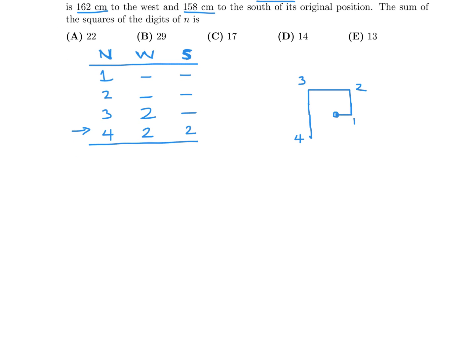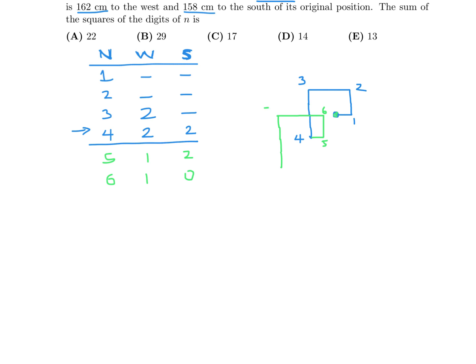Okay, so now let's keep this going. I have to make sure I draw this to scale here. 1 going east, then 2 going up, then 3 going west, and then finally 4 going down. Now compared to the original position, where are we? For the fifth move, it looks like we are 1 and 2. For the sixth move, we are 1 and 0.